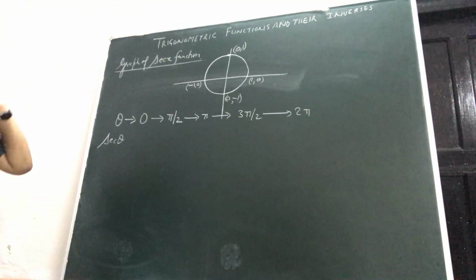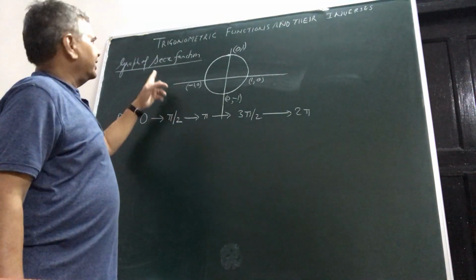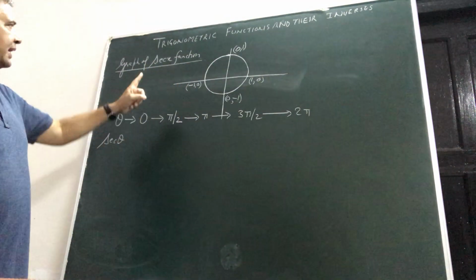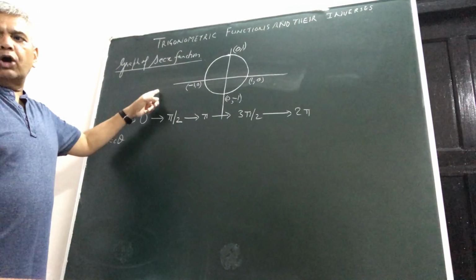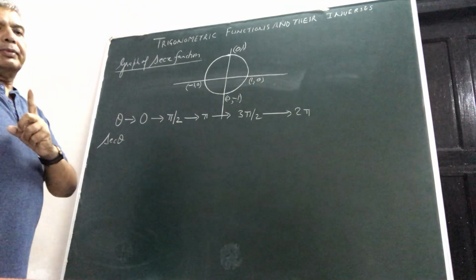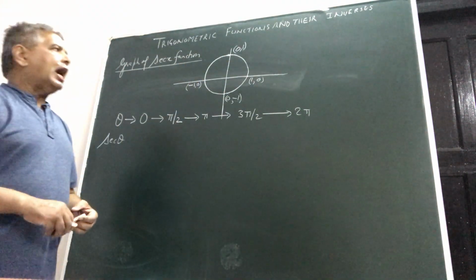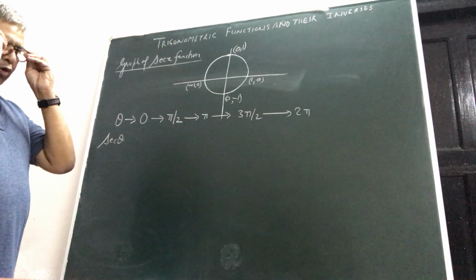This is what we will always take, because R1 we have taken to be 1. Sec theta was R1 upon x1. That's why we are purposely taking R1 at a unit distance. So now please see how things will move on.